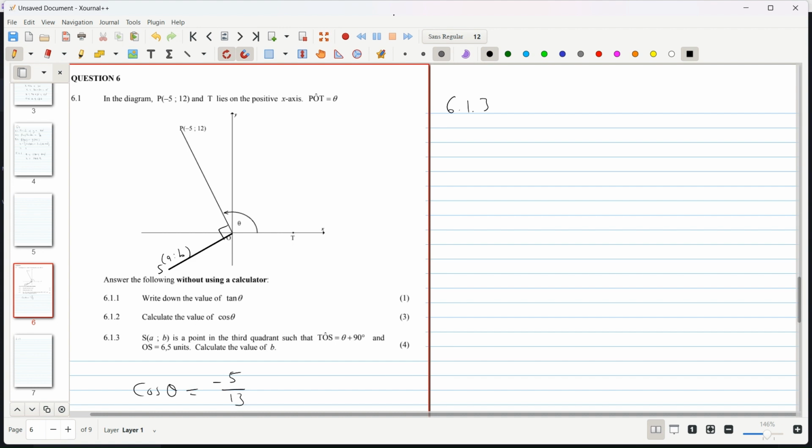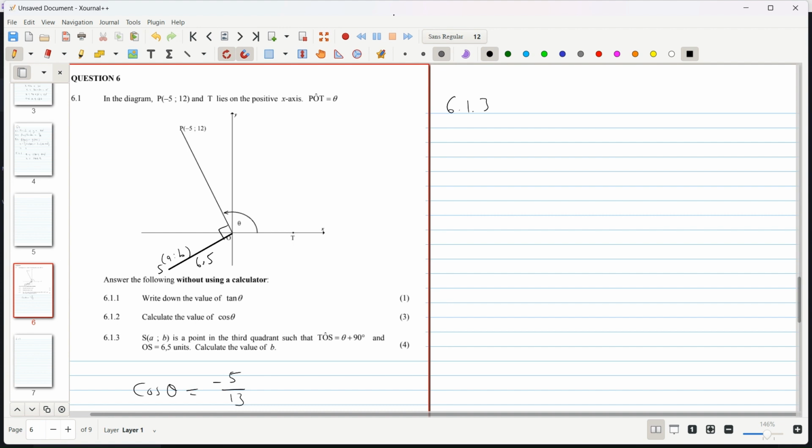So they gave us the value for OS. OS is this one here, which is 6.5. We're told that this is 6.5 units.